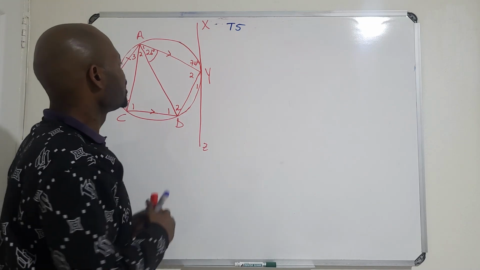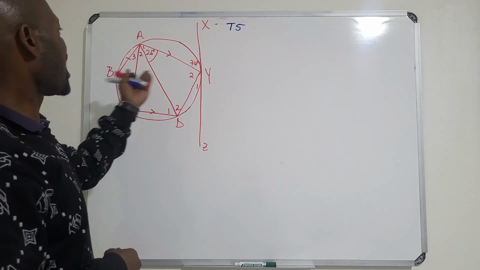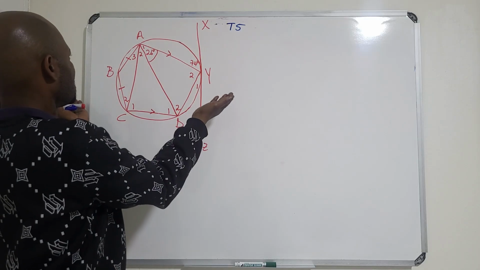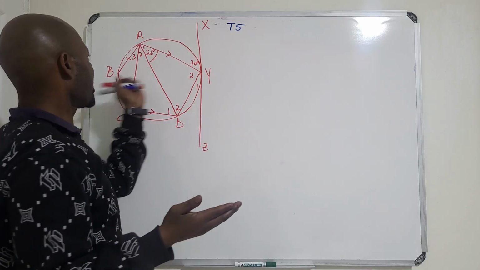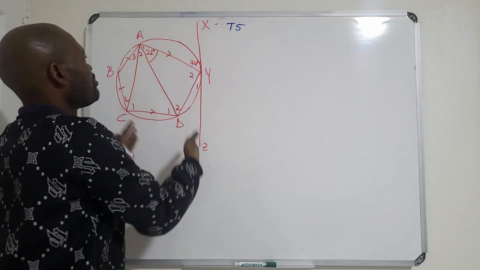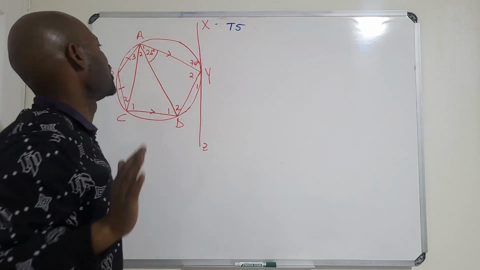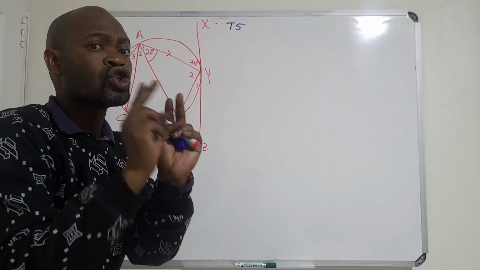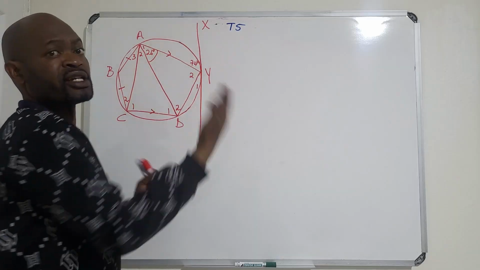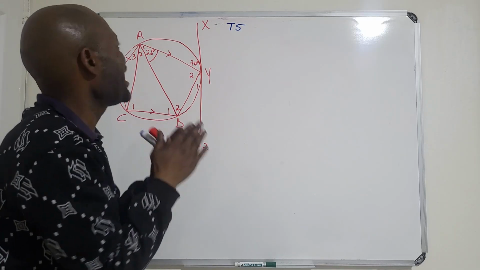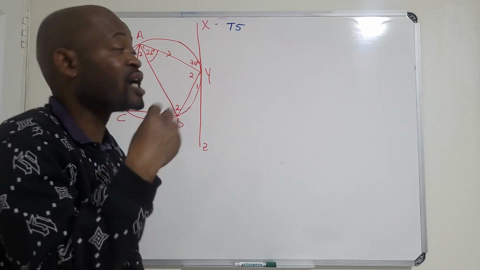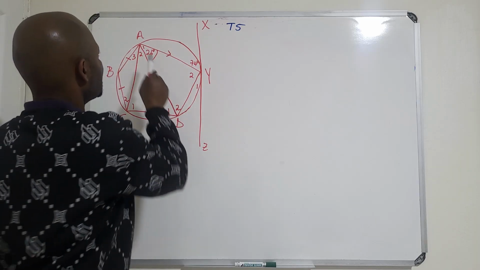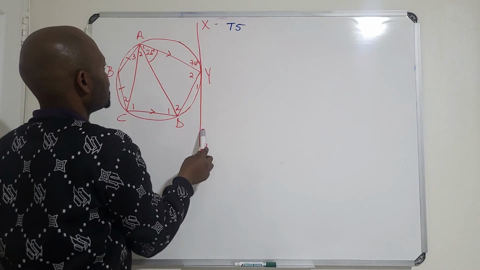Now, tangents. Is there a radius or a diameter perpendicular to the tangent? No, there's no radius and no diameter which is perpendicular to the tangent. So theorem number 7 is out. Theorem number 8, there are no 2 tangents from the same point outside the circle. Therefore, theorem number 8 is out. Theorem number 9, obviously there's a chord and there's a tangent.